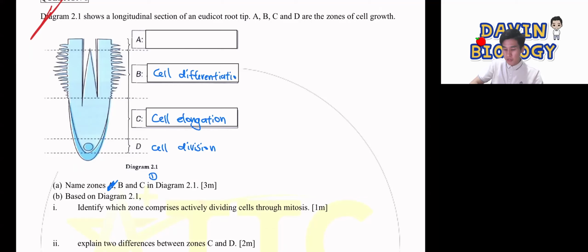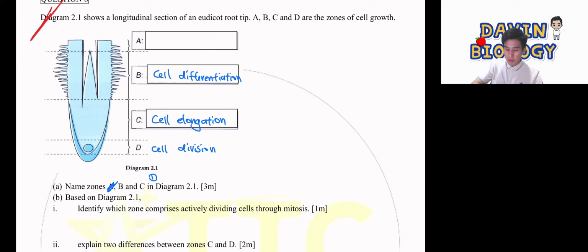At the zone of cell differentiation, you can see tissues start to form. You start to have root hair, xylem and phloem forming, because these are the permanent tissues. And then this is not a zone. This is basically where you have permanent tissues already. So this A is actually not a zone. It's actually permanent tissues. So the zones are actually just B, C, D.